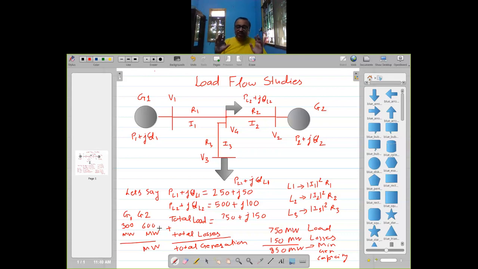Now that is where the cost factor comes in, because as I have said in our power system goals, what are the goals of the power system? To supply uninterrupted power to the consumer at rated voltage, at rated frequency, at minimum cost with complete reliability.